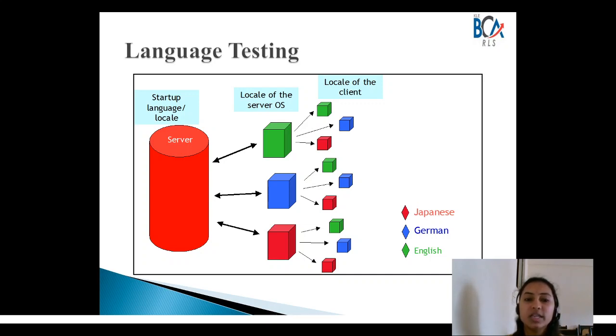Testing the majority of the combinations illustrated in the figure ensures the compatibility of the English software to work with the different language platforms. While testing, it is very important for you to look for the locale related issues, as some of the defects that escape from the locale testing may show up in this testing.